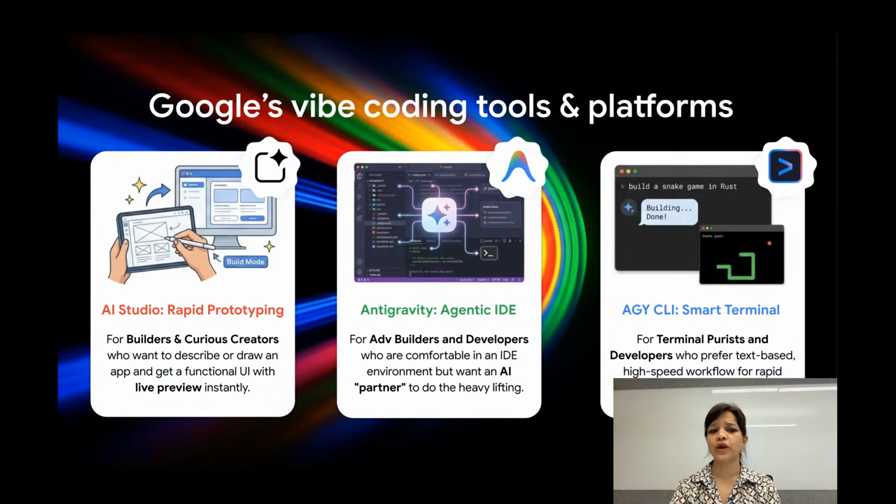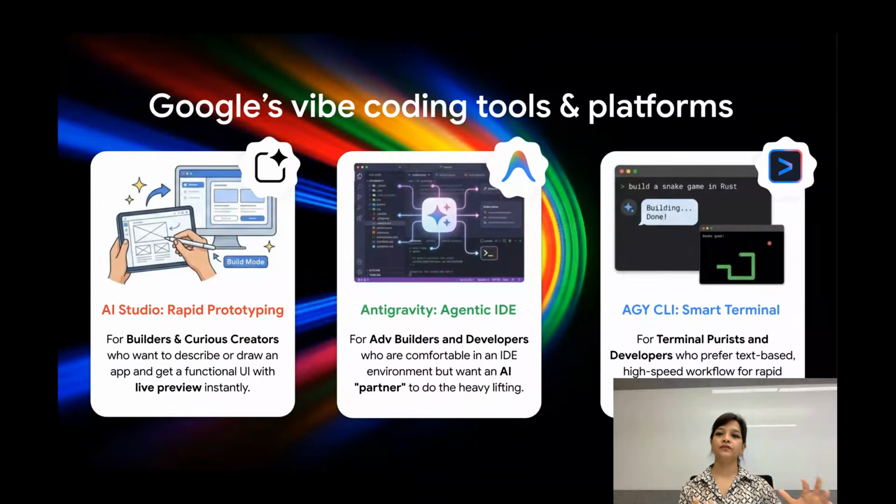And if you're wondering when should I use what, you can use anything at any level. If you can dive deeper, you can also use AI Studio to build full blown applications. I'm not saying that you cannot do that.